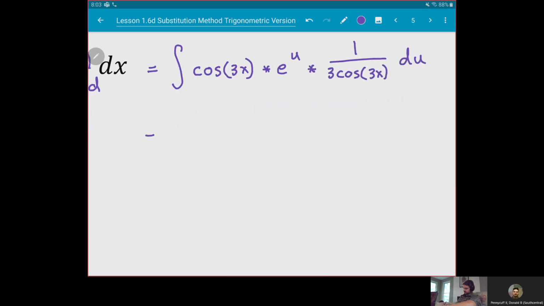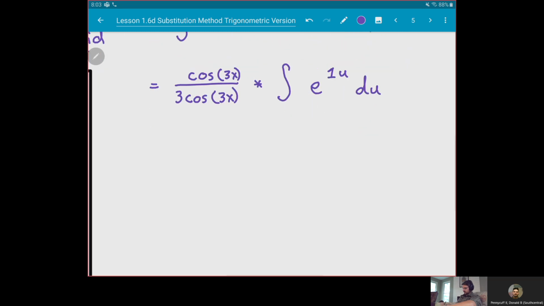All right. Pull everything that is not got a u out front so that I can simplify it down. And I'm good to go. The cosines will cancel out, so that's going to be 1/3.